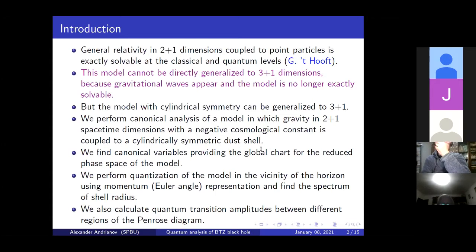In several papers, the quantization was done only in one quarter, say, of phase space, apart from the horizon. Here we build the global chart. In the case of non-zero cosmological constant and the presence of a black hole, we were able to quantize semi-analytically the model in the vicinity of the horizon.